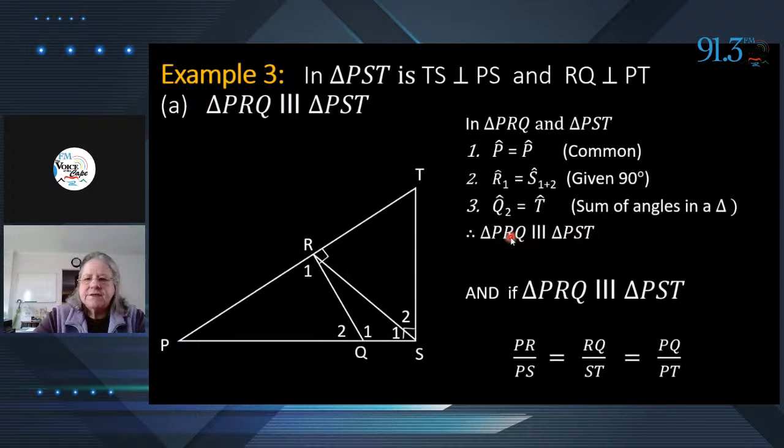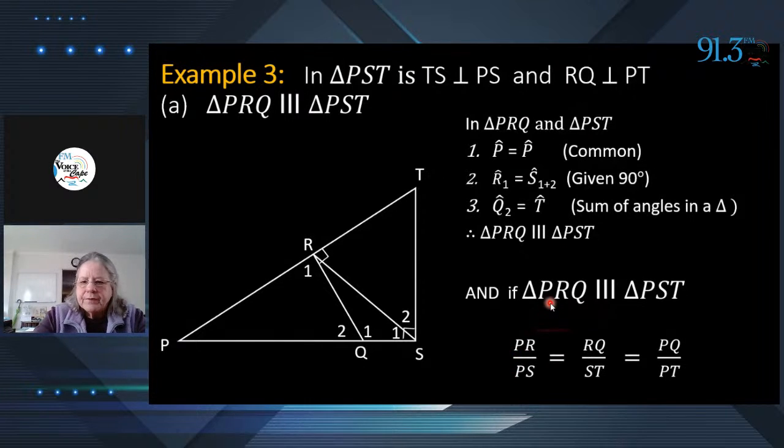If you see this, and I've written it big here, if you see this type of situation, we can immediately write down this proportionality. Because the triangles are similar, their sides are in proportion.